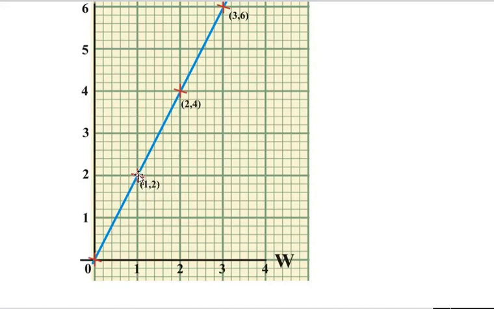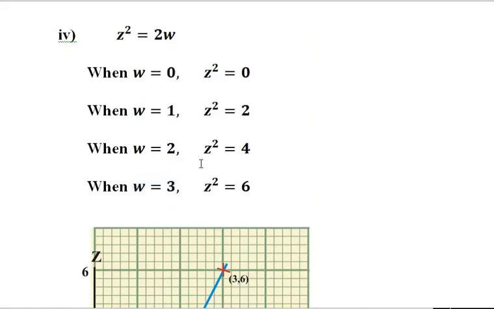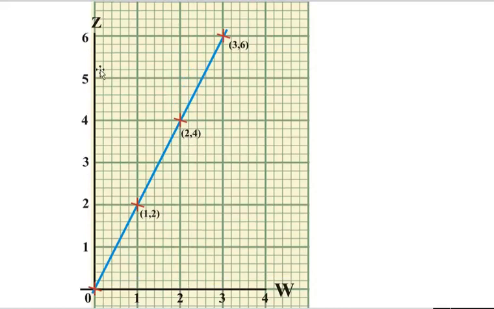So I will place a cross sign at this point where we have the point of intersection between these two numbers. Now third ordered pair, when w equals 2 and z square is 4, so the point of intersection between these two elements of the ordered pair is 2 and 4. First I will write the horizontal axis and then the vertical axis z square, which is 4.